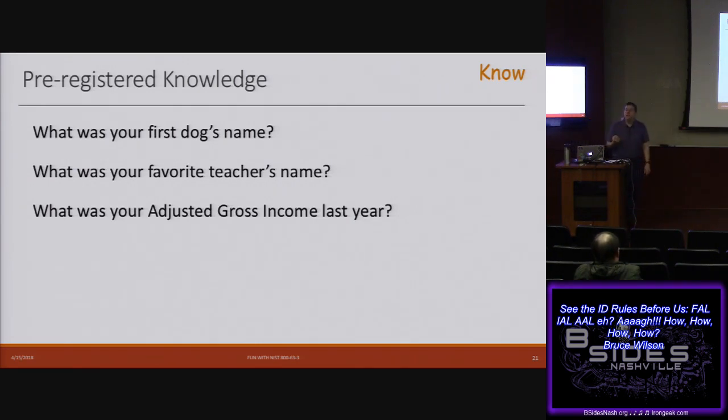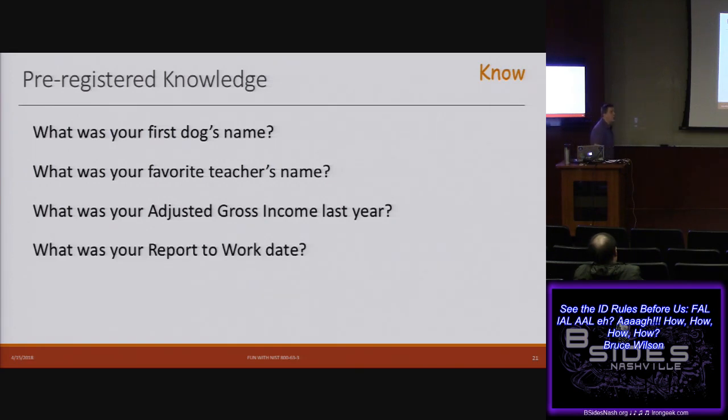This is a pre-registered knowledge, but in NIST language, this is knowledge that should only be shared between the verifier and the subject. In this case, this is something that the IRS has used because, at least in theory, you and the IRS are the only ones who know what your adjusted gross income was last year. So that's an example of a very private pre-registered knowledge question.